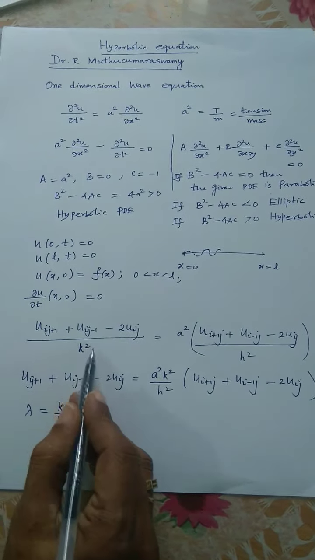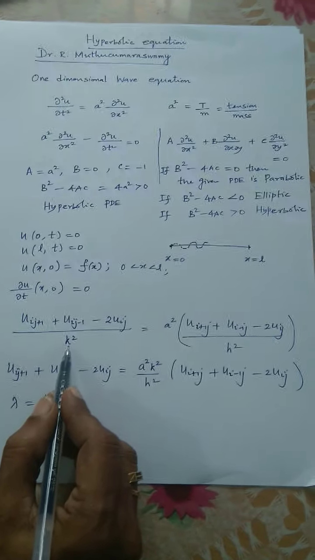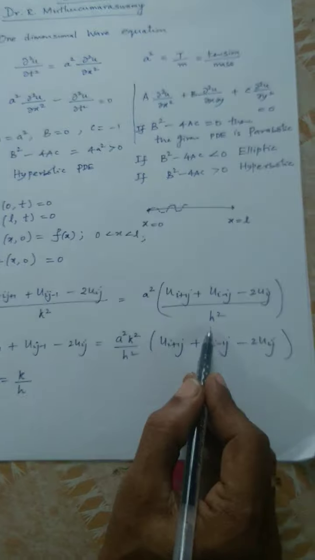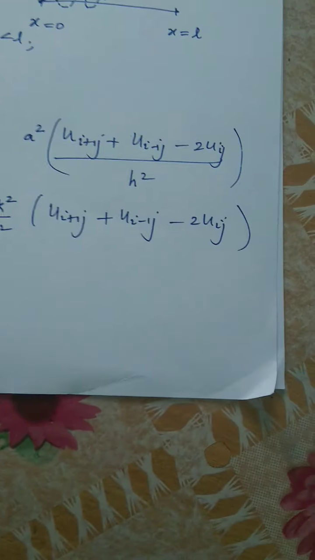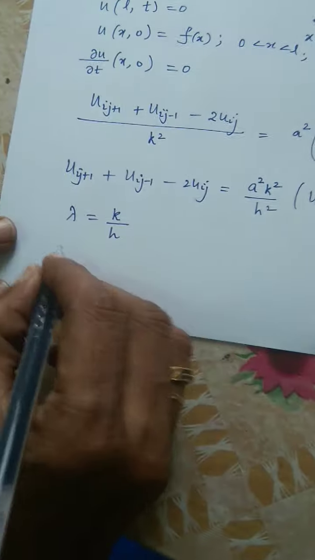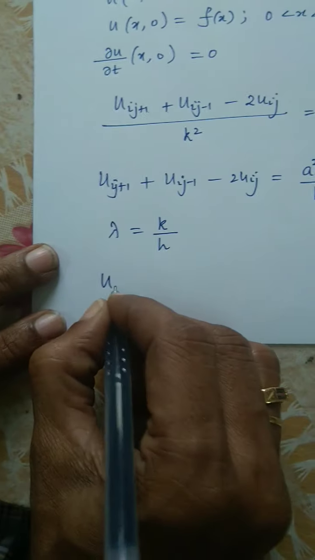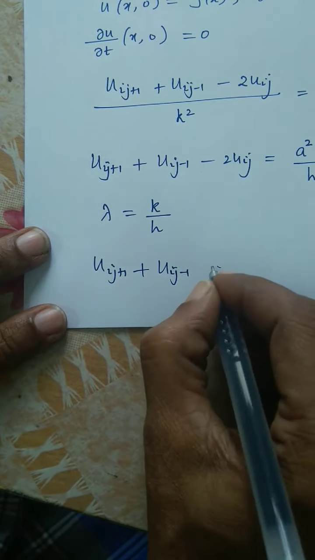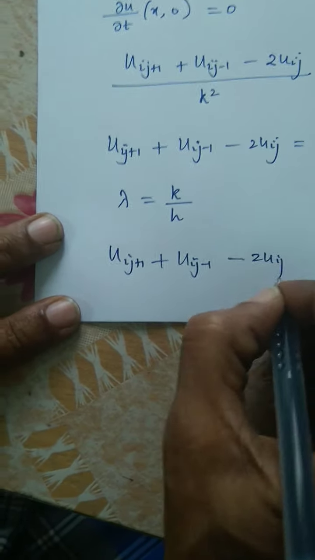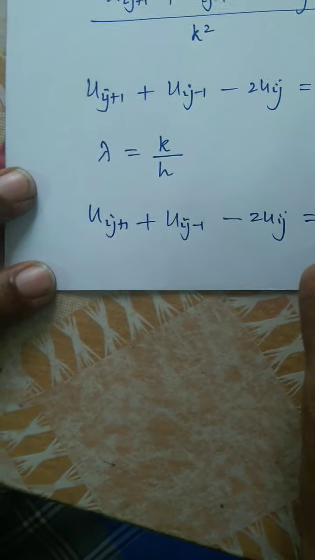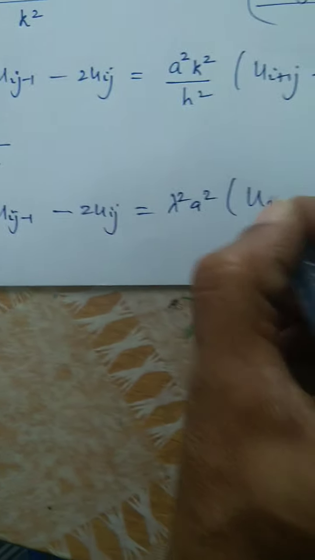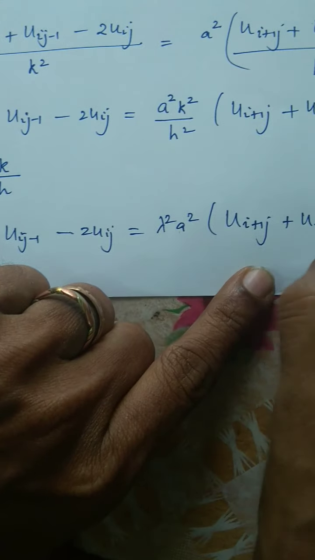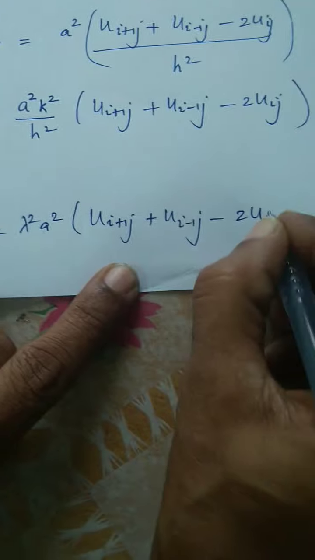Here k is the step size along the time direction or y direction, and h is the step size along the x direction. That is the basic idea. I'll rewrite this equation: u(i,j+1) + u(i,j−1) − 2u(i,j) equals λ²a² (u(i+1,j) + u(i−1,j) − 2u(i,j)).